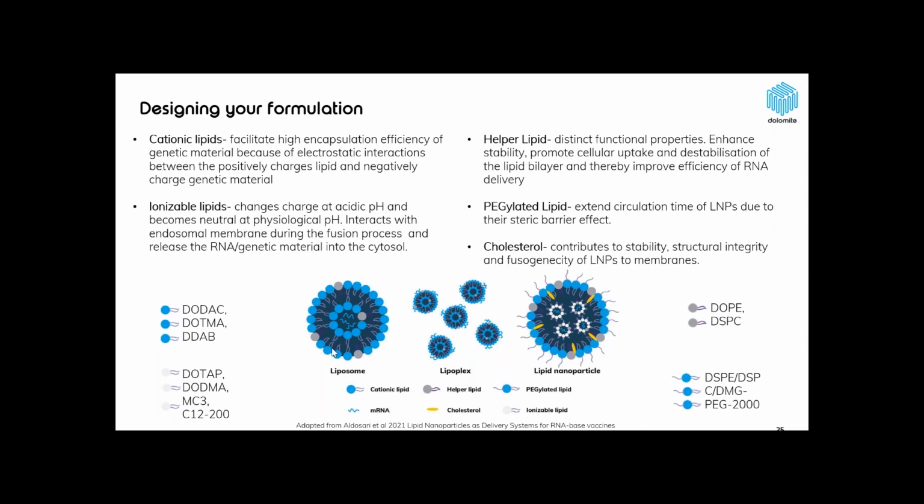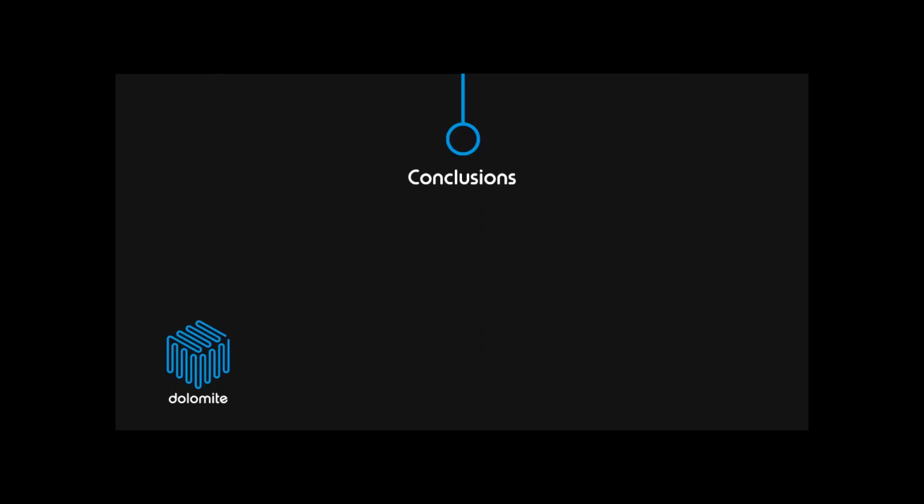You may end up forming a liposome or a lipoplex, where your RNA is attached to the surface of your liposome, or a lipid nanoparticle where you've encapsulated your mRNA. So it's very important to know how you're going to be working with your formulation, but this platform technology offers you that flexibility to optimize and develop your formulation libraries.